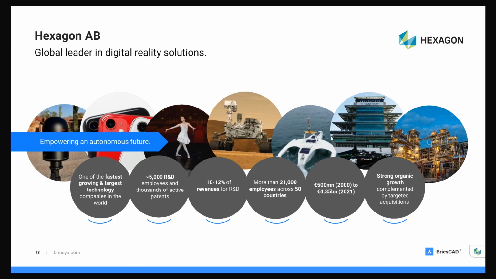Hexagon has grown rapidly over the last couple of decades, largely through targeted acquisitions, and now has more than 21,000 employees in 50 countries. In fact, it's one of the fastest growing technology companies in the world.